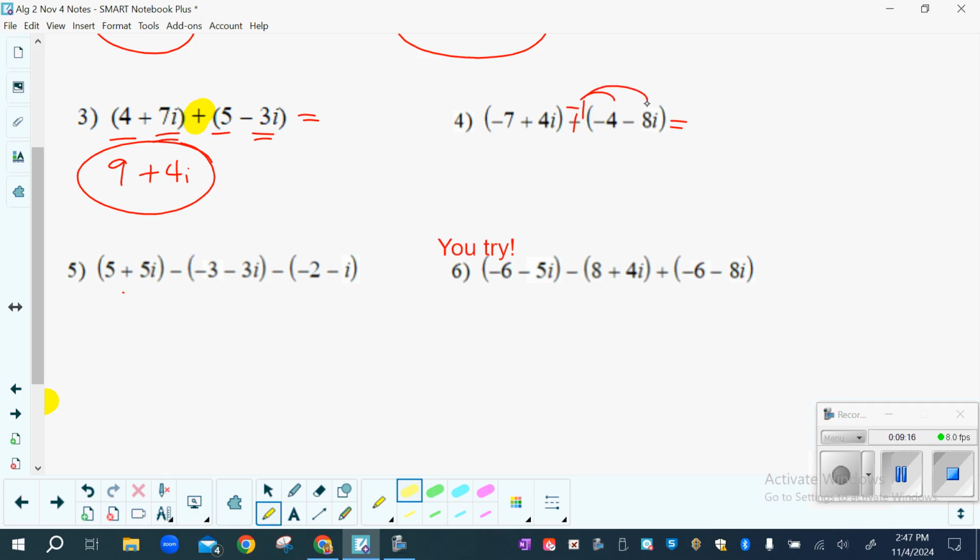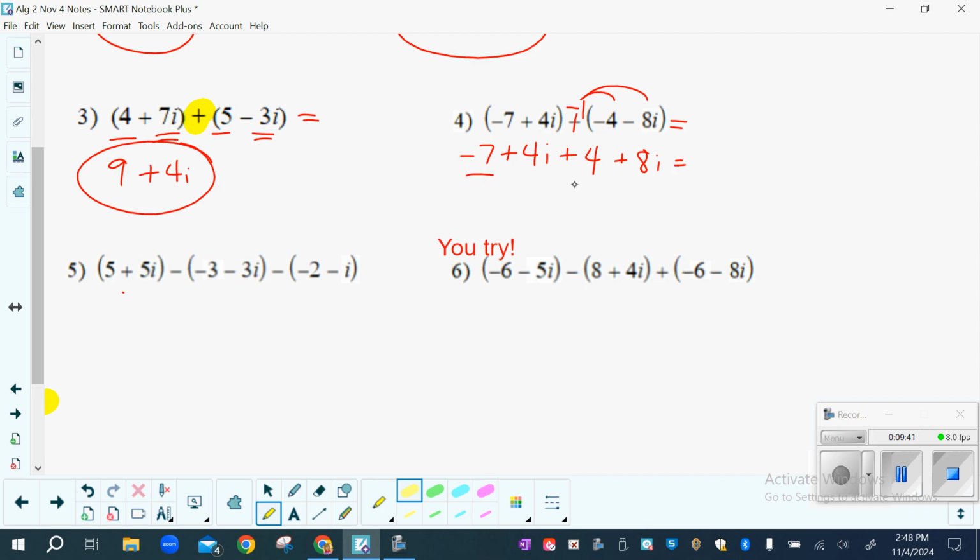We're going to distribute this negative 1. So we get negative 7 plus 4i, and then negative 1 times negative 4 is positive 4. Negative 1 times negative 8i is positive 8i. I recommend that you rewrite it when you have to distribute that negative 1.